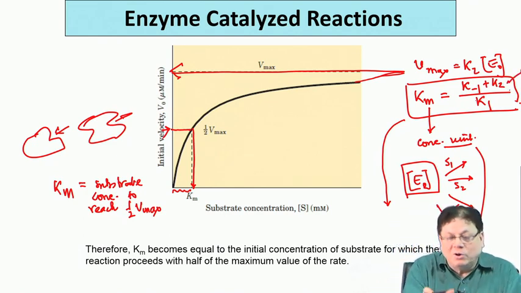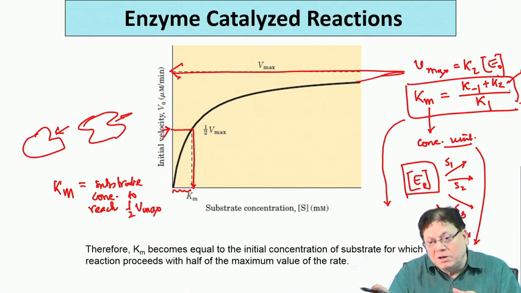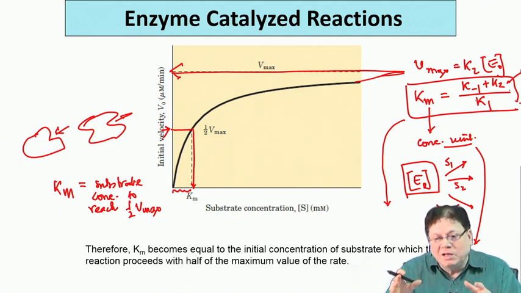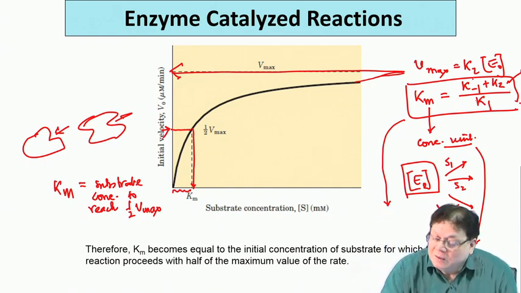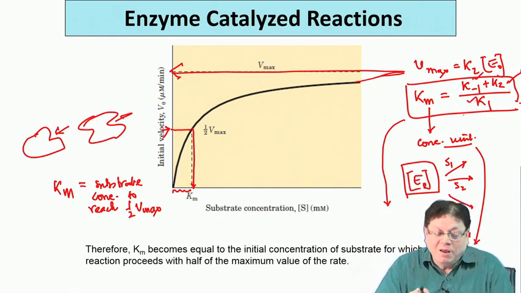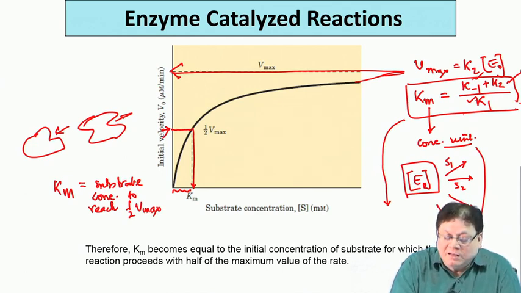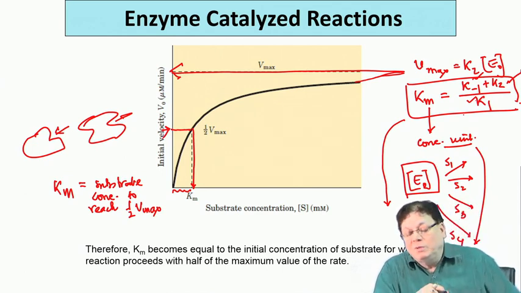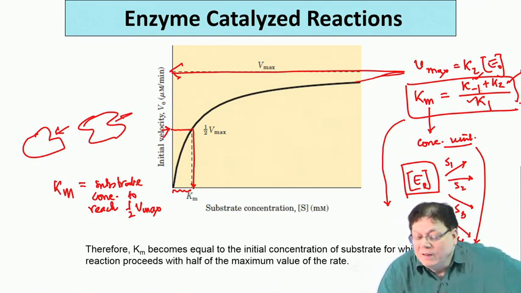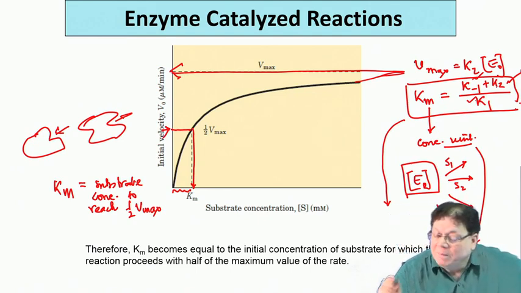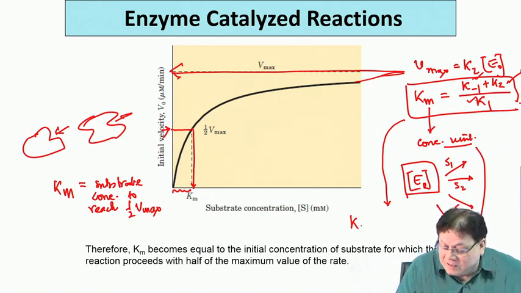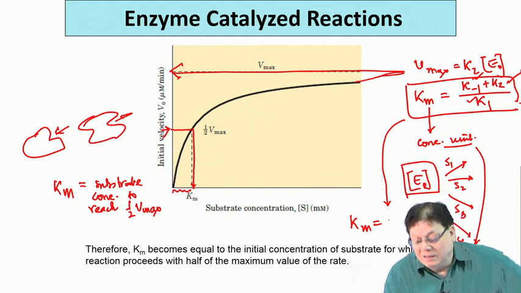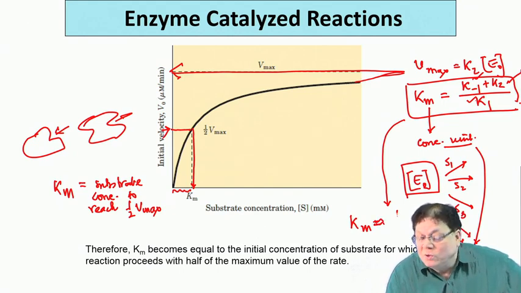K 2 is the rate constant for the decomposition of ES into the product, which is much less compared to K 1, the rate constant for the formation of the ES complex, and K minus 1, the rate constant for the breakdown of the ES complex. These are much higher than K 2. So, you can simplify it a little: K m is approximately equal to K minus 1 by K 1.